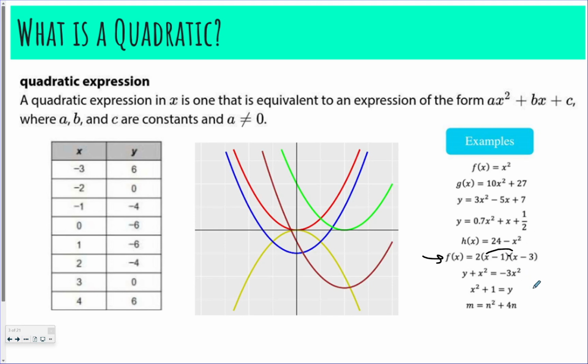We'll look at that a little bit later today. So some equations are written in separated form like this rather than with the x squared. And that's why the definition says equivalent to an expression of the form. That means there are many ways to write a quadratic, and each one will have its own special characteristics that are useful to know.